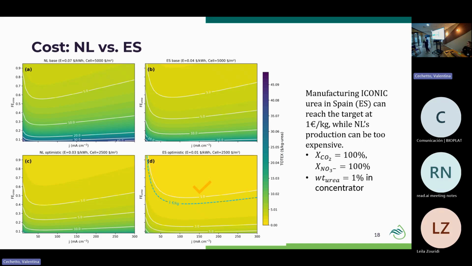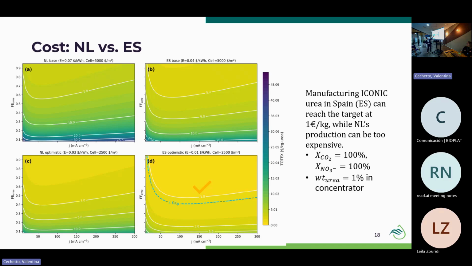Because in the Netherlands we get very cheap wind, but the solar energy in Spain is even cheaper. If we compare the economic cost, even for the optimistic scenario, this technology still cannot reach our ambitious target of €1 per kilo.